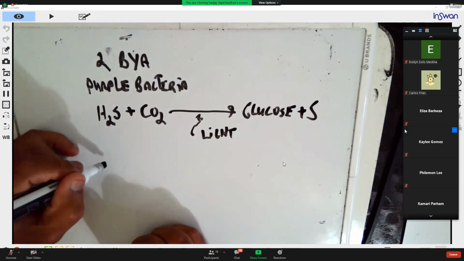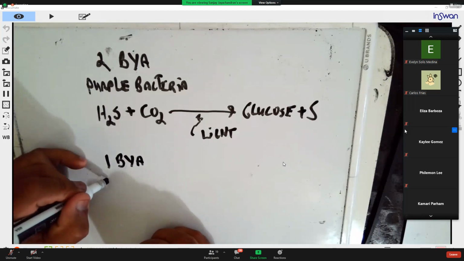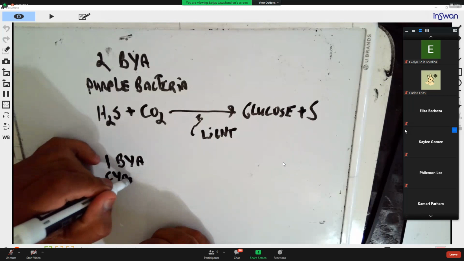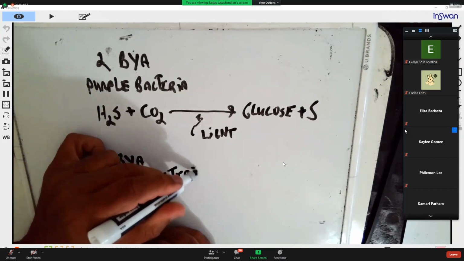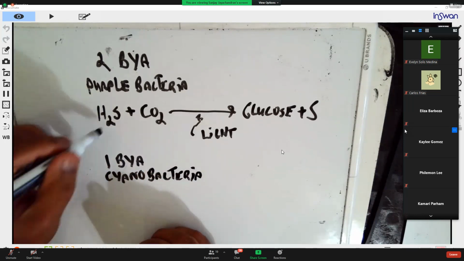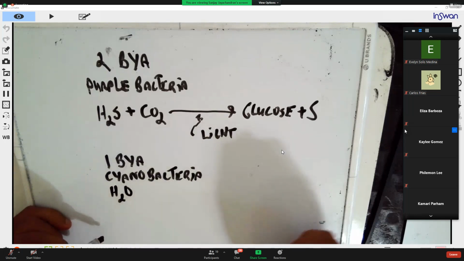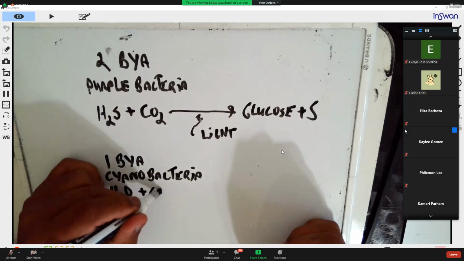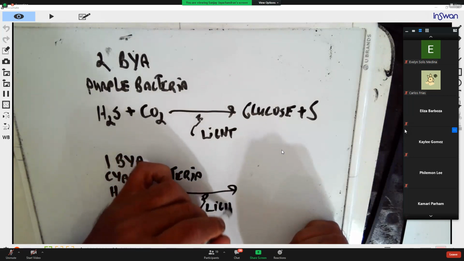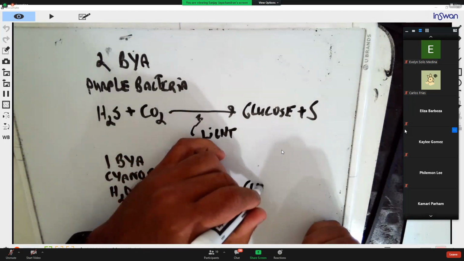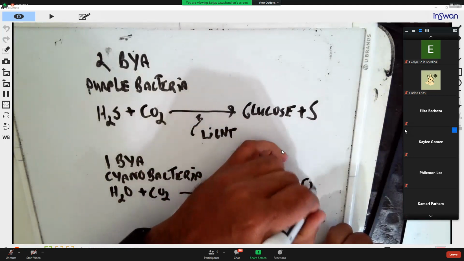Now, around 1 BYA, billion years ago, another group of bacteria called the cyanobacteria use a different compound. Instead of H2S, they use H2O, water. They use CO2. They use light energy. They made glucose, just like these guys, but the waste product wasn't sulfur, it was oxygen.